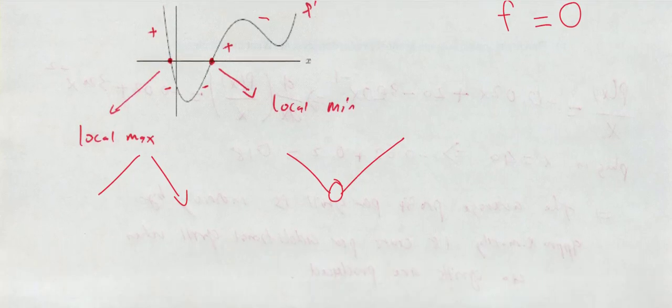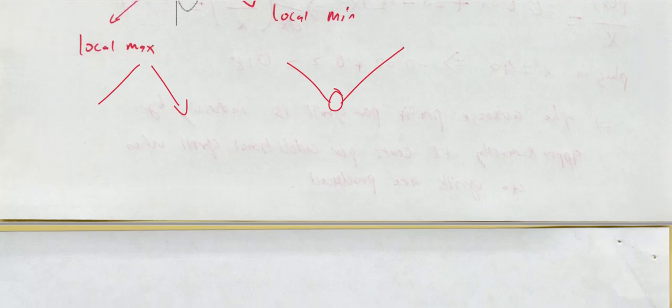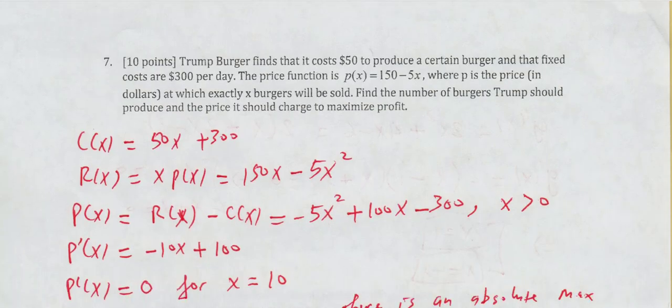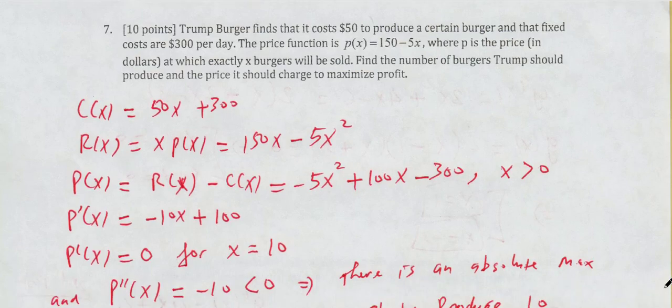Okay, let's get to the next question. Jump Burgers finds that it costs $50 to produce a certain burger, and the fixed cost is $300 per day.